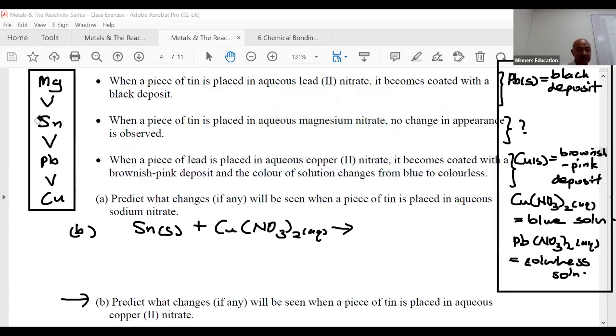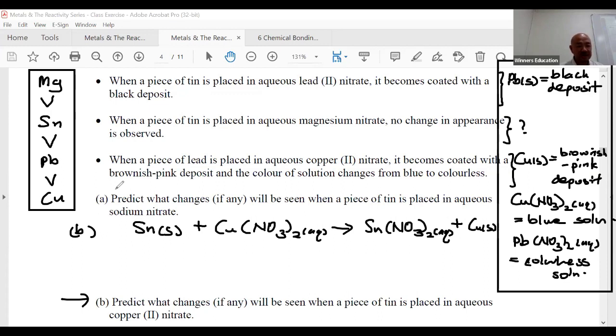Okay, here we go. So I know we're going to form what? I know it's going to form tin nitrate. Again, you don't know that tin is 2 plus at the moment because we're not familiar with tin, but it's okay. At least you scribble somewhere and later you can write the color out, right? So ask yourself, if this reaction occurs as per this equation, what would you see?